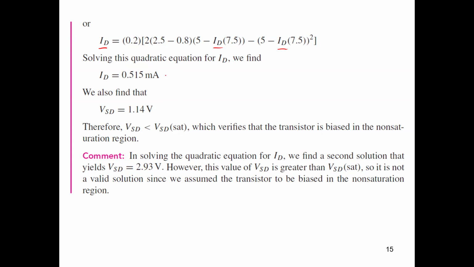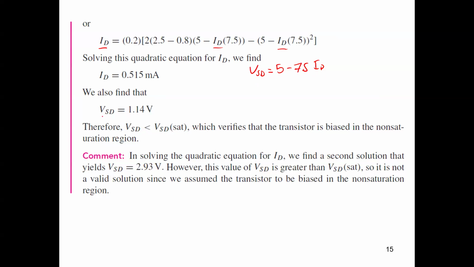So he got two values of ID, and he substituted the two values of ID in the equation VSD equals 5 minus 7.5 times ID, which is VSD equals VDD minus RD times ID. So after getting two values of ID, substitute in this equation, you will get two values of VSD. Again, he selected just one value here and gave only this value. Why? You will understand that after finishing this part.